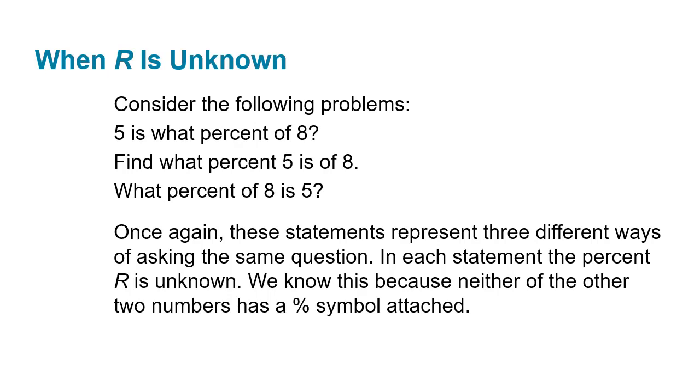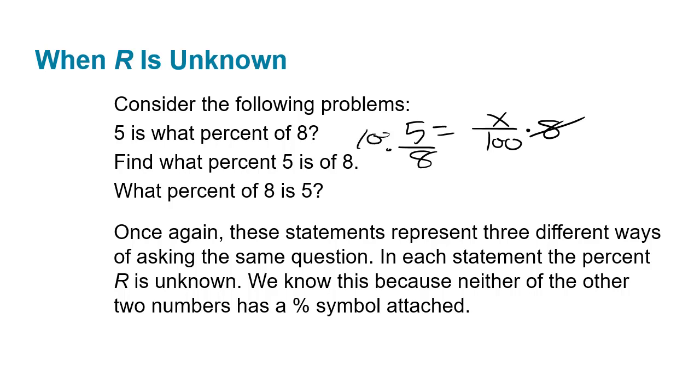How about 5 is what percent of 8? Well, again, translate. 5 is what percent of 8? Solve for X, right? Divide both sides by 8 to get rid of this.